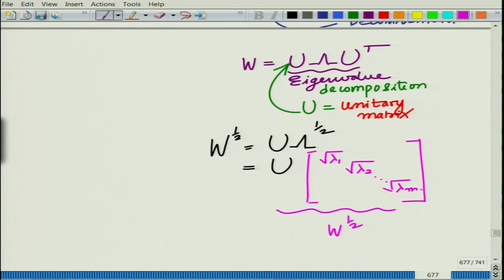This is essentially your W half. So we use the property that such a weighting matrix, which is positive semi-definite, can be decomposed as W half transpose times W half. This is known as the Cholesky decomposition of the positive semi-definite matrix.